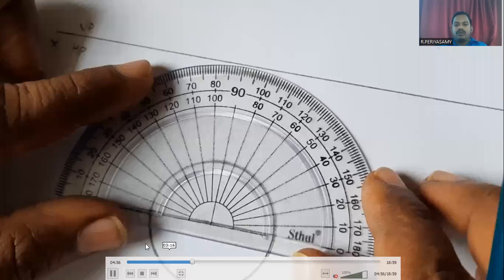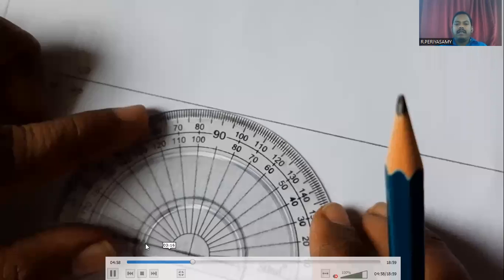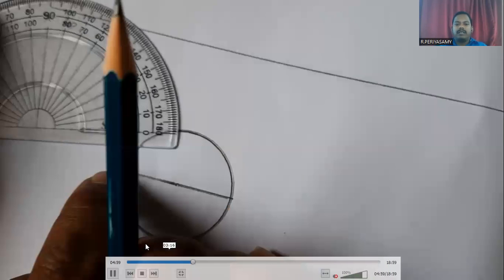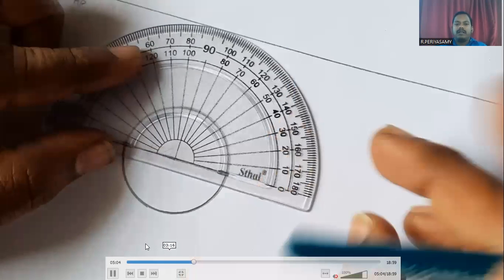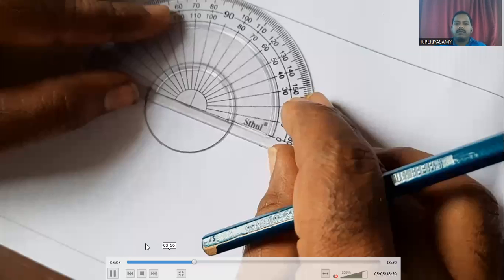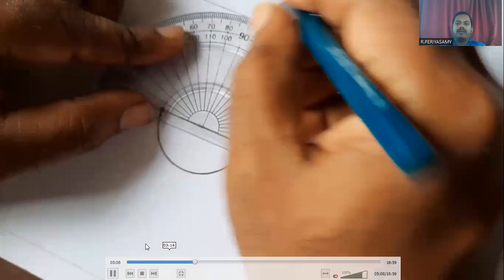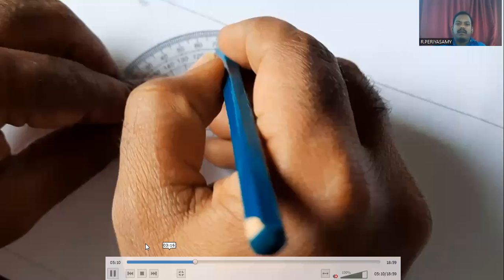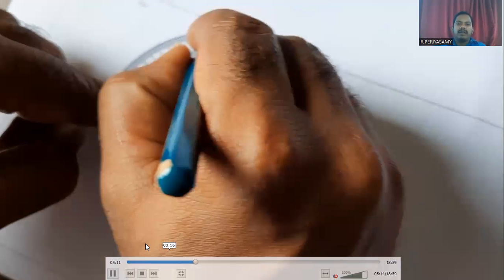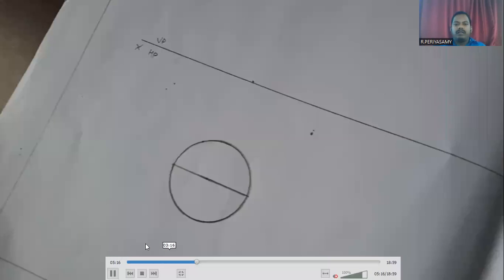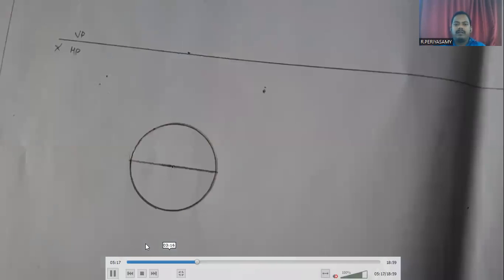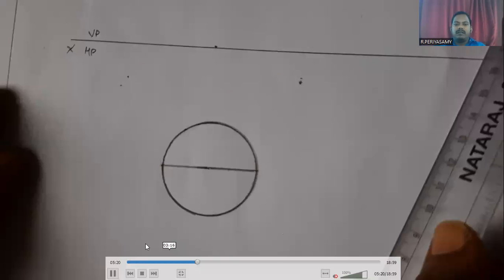First, draw one horizontal line and keep the protractor on that line, fixing the center of the circle at the center of the protractor. Now we mark the 45 degree inclinations: 45, 90, 135. Then we divide the circle using the scale.